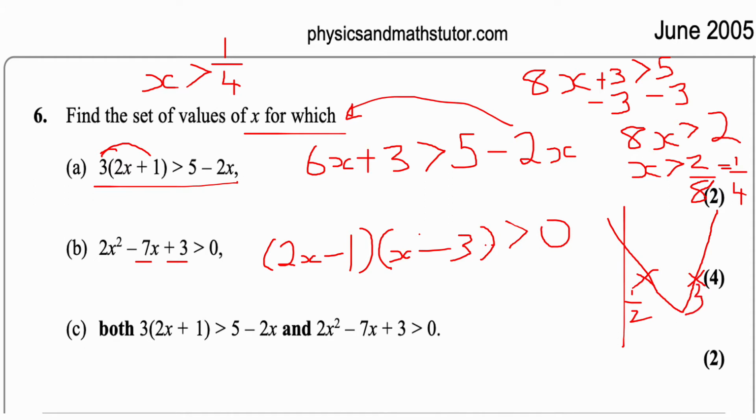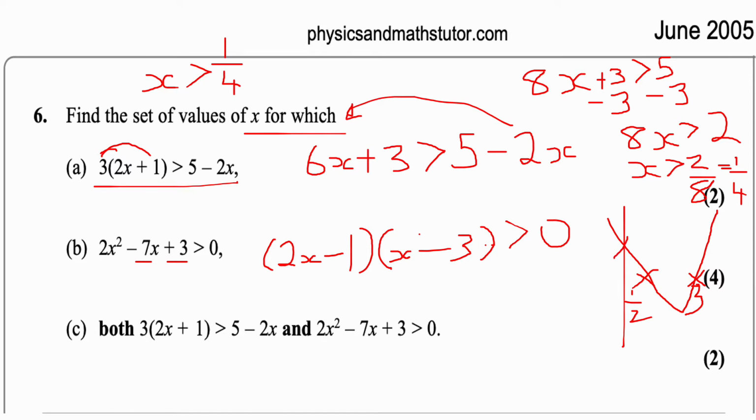Remember that where it crosses the x-axis, that's when you set y equal to 0. So you'd set this equal to 0 and find your two solutions: either 2x minus 1 equals 0 or x minus 3 equals 0. They will tell you your two solutions at which it crosses the x-axis.